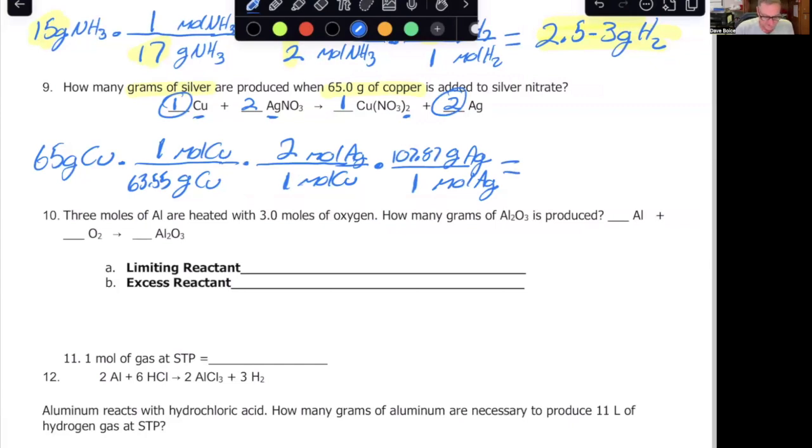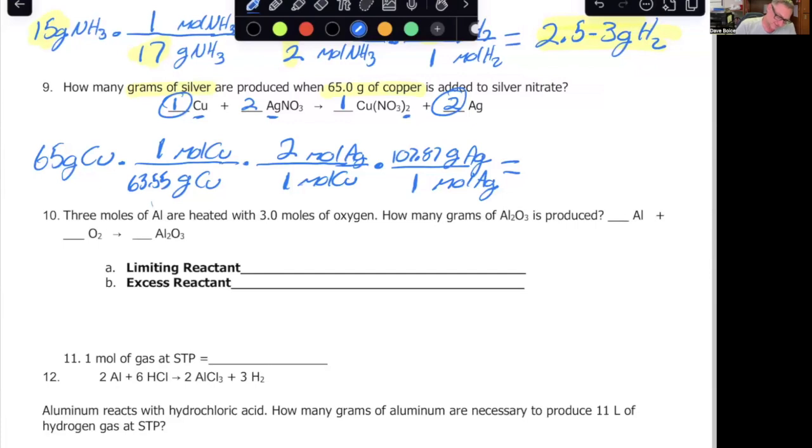So 65 divided by 63.55 in my calculator, that means I have about 1 mole of copper. It's going to be a lot more specific. This is a 1-to-2 ratio, so therefore I'm going to produce about 2 moles of silver, and each one of those moles weighs 107.87 grams.